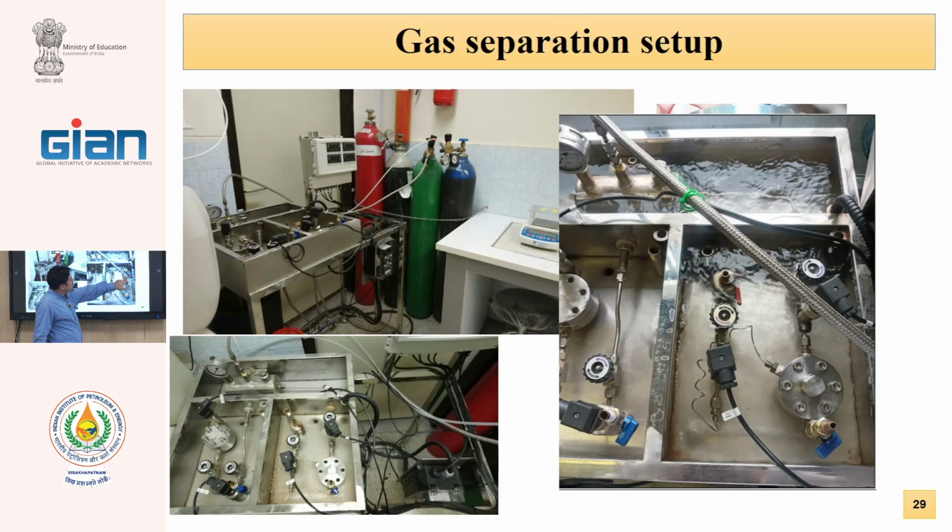The pressure here is constant, but the pressure here at time 0 is 0. And with increasing permeate, the pressure begins to increase. We measure the increase of pressure on the permeate side. And all of the systems are connected to a laptop, and we plot the change on the permeate side.